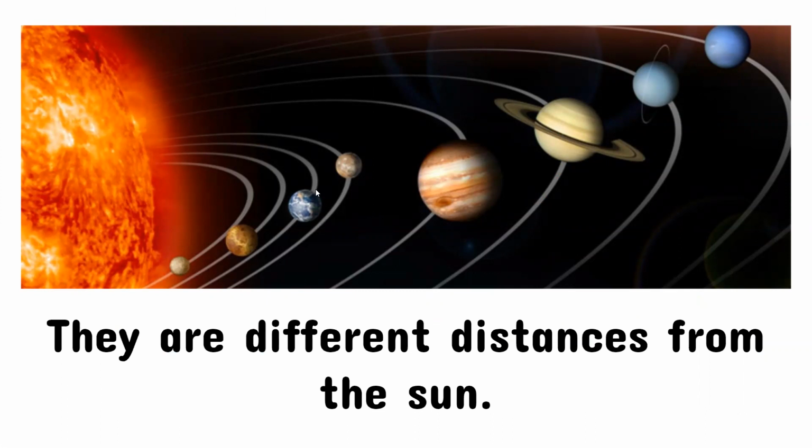So we have to know that the Earth is not the nearest planet to the sun. If it was the nearest planet to the sun, then we could have died, or we could have not existed in the first place.